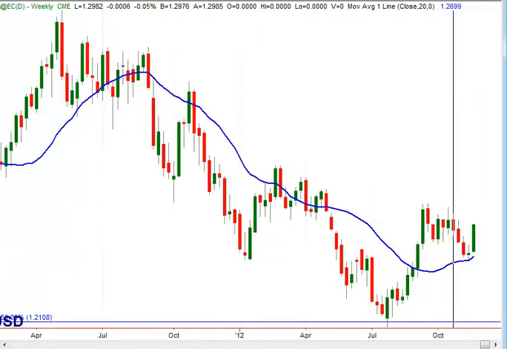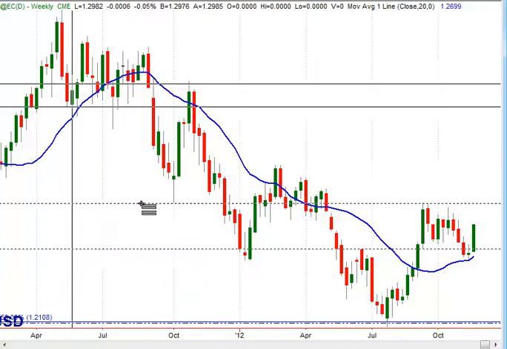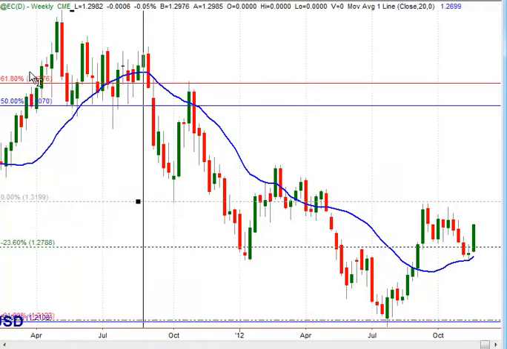I also want to remind you of the sequence of measure moves lower. We had the first one in October 2011, and you see a failure here, but this failure is not present on the spot price.